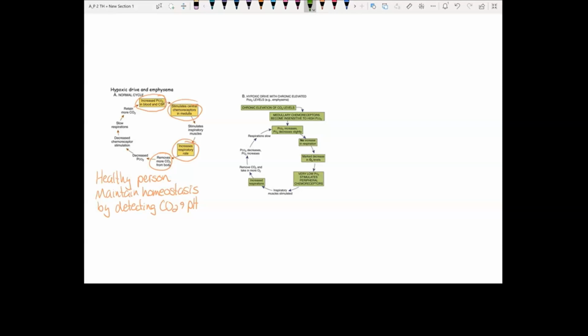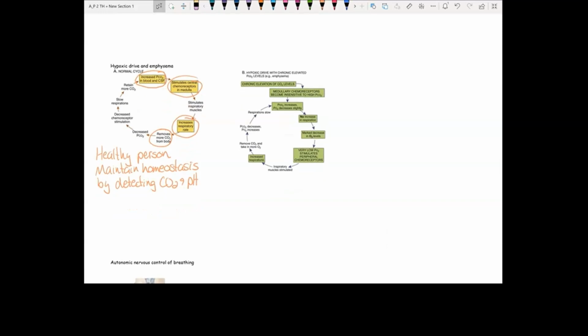Okay, the green one here shows a person who has disease. And this is especially emphysema. You can see there they've got emphysema as kind of the main one here. If you have emphysema, you can't exhale effectively. Air becomes trapped in the lungs.